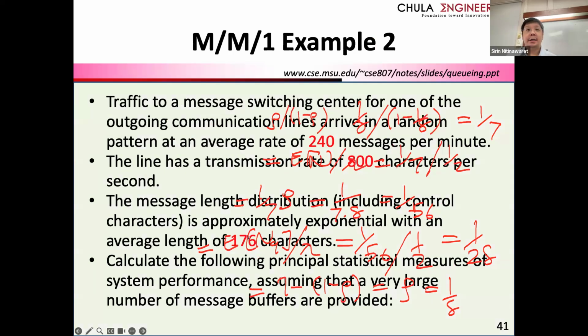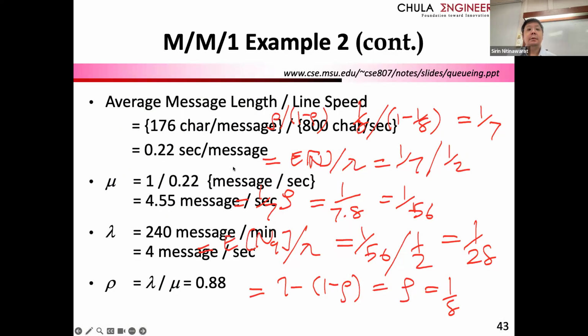Because 8,000 is measured in characters per second, but lambda is in terms of messages. So you have to account for the average number of characters per message. And then you normalize the time, between minute and second, to get lambda and mu of the same unit, messages per second.